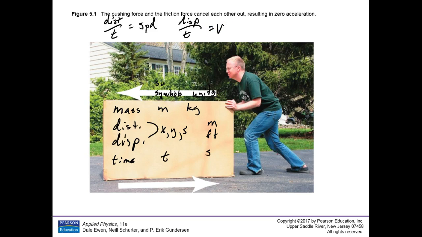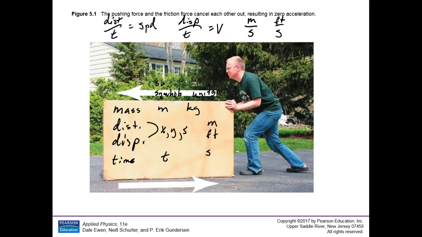Little v for velocity. Capital V stands for volume. The units for both of those would be meters per second, or feet per second, or miles per hour, kilometers per hour, furlongs per fortnight, whatever. Distance divided by time is a speed or a velocity, velocity being a vector quantity.